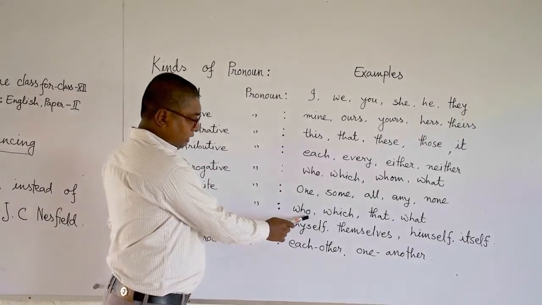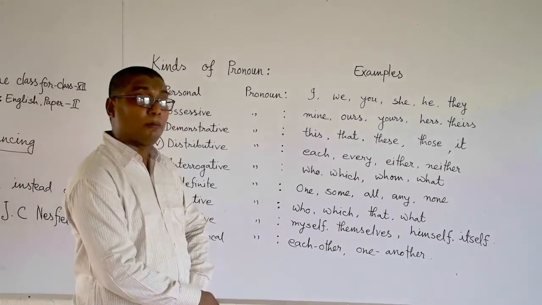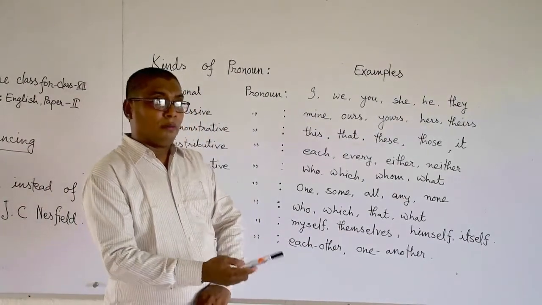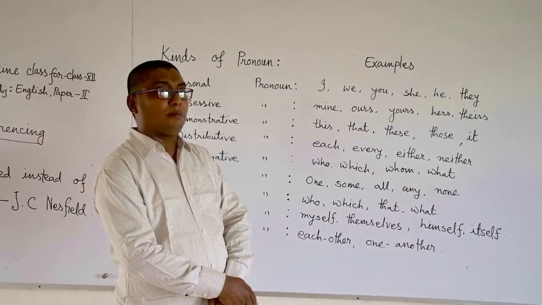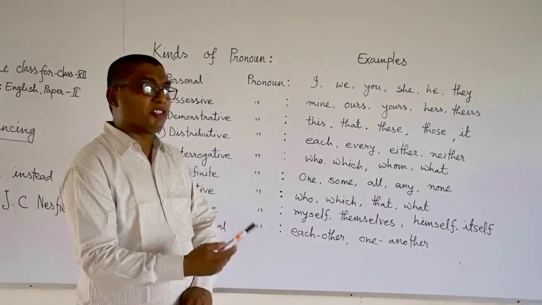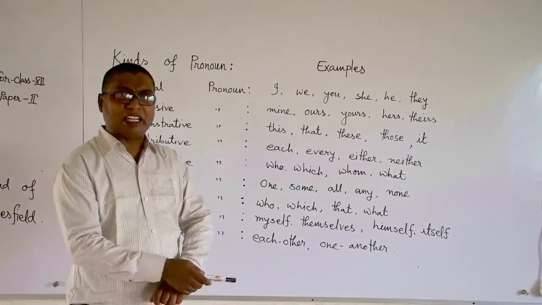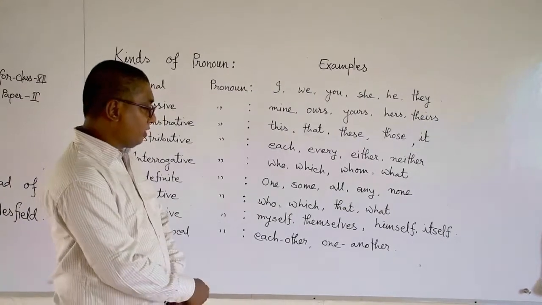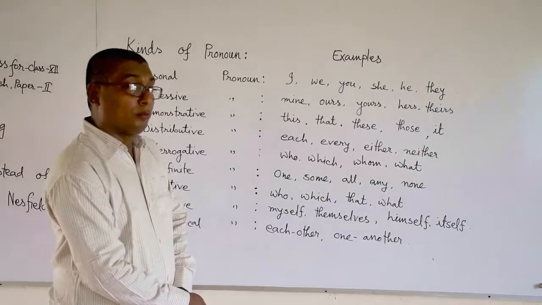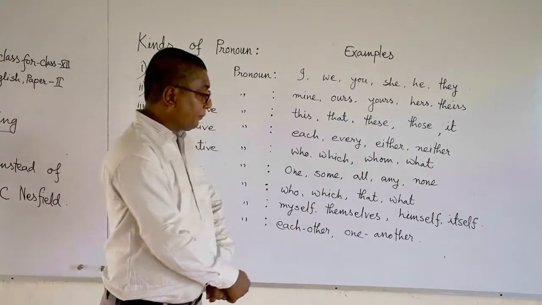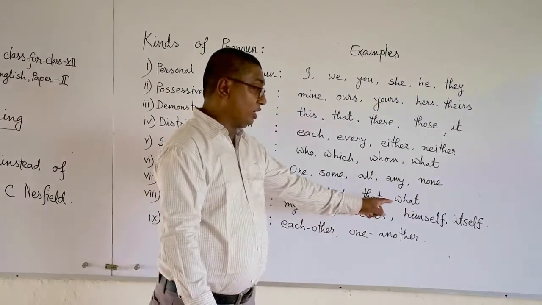Who is used instead of person, which is used instead of things, babies, and some birds or animals that are called lower kinds of animals or birds, and that is used for both person or thing, and what is equal to that which.